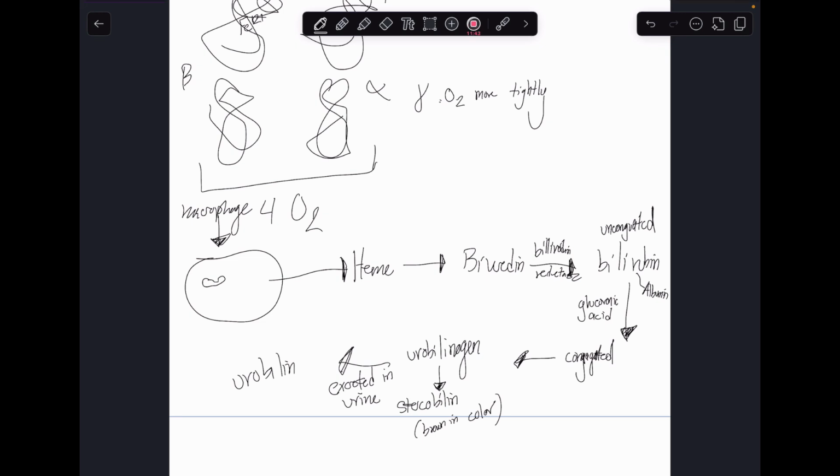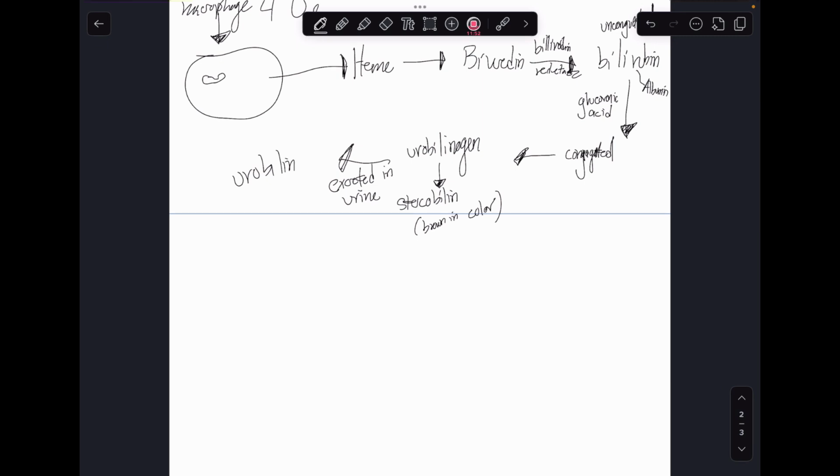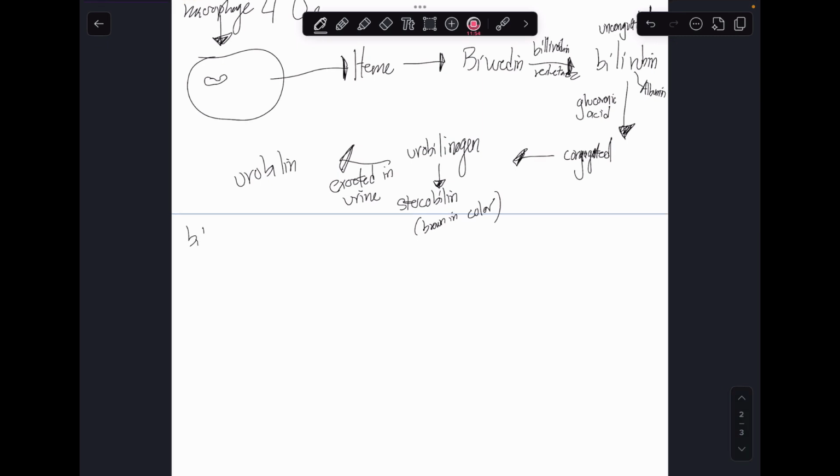So, another thing. A common thing that can happen is we can have a bile duct blockage because of pancreatic cancer. Or if we're a little baby and our liver isn't working like it should because it's not fully developed.